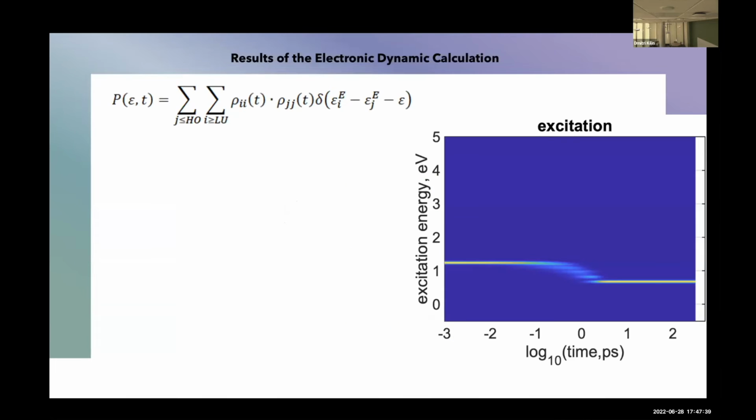Another thing which is often shown doesn't have any relation to practical observables, but it does appeal to intuitive human thinking. So if we forget about this strange thing of non-Kasha emission, we can just follow how the excited states of different energy cascade from more excited to lower excited.